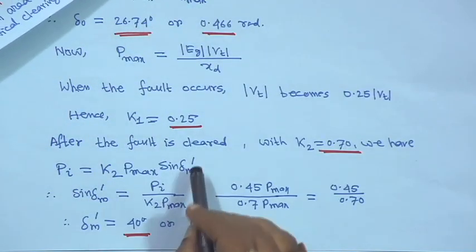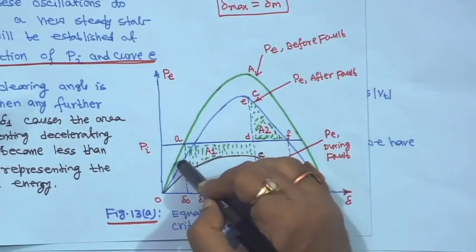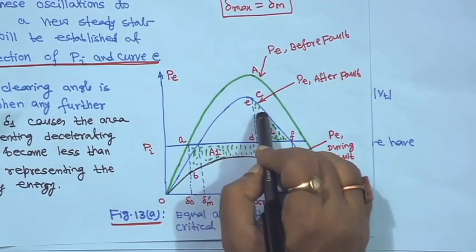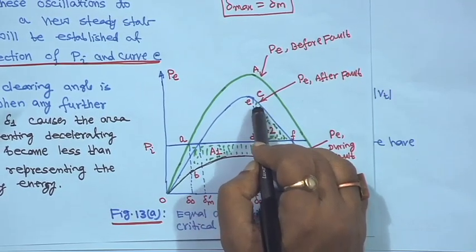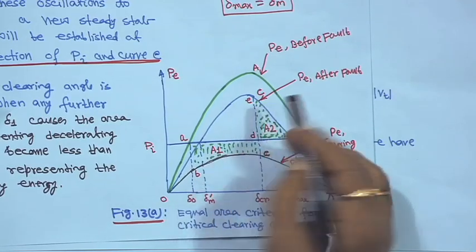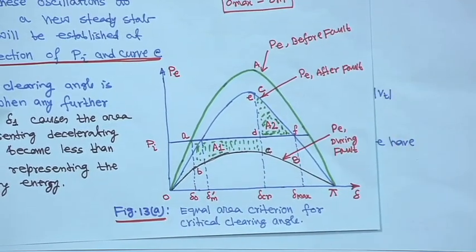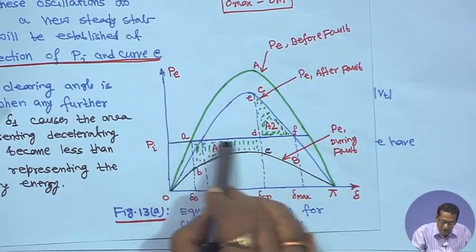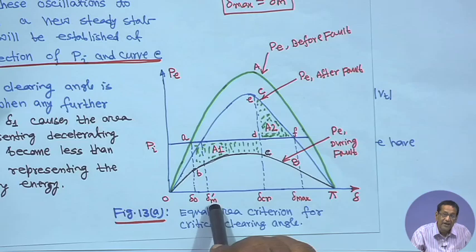After the fault is cleared, the blue line is in operation. This is the power supplied by the generator, P max sin delta times the fraction 0.7. The intersection with the horizontal blue line is delta m dash.